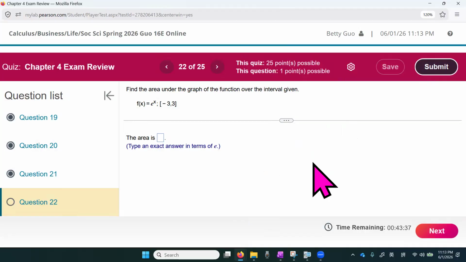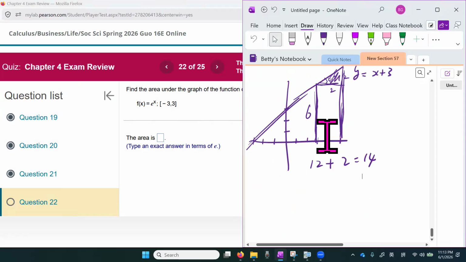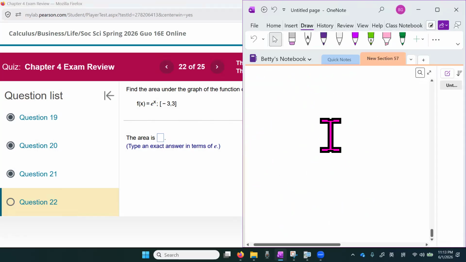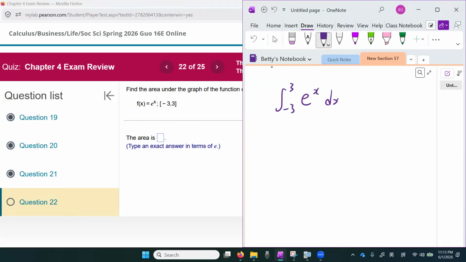Question number 22. Find the area under the graph over the interval. Okay, so then it's the integral from negative 3 to 3 of e to the power x dx. The antiderivative is e to the power x. Plug in 3, plug in negative 3.